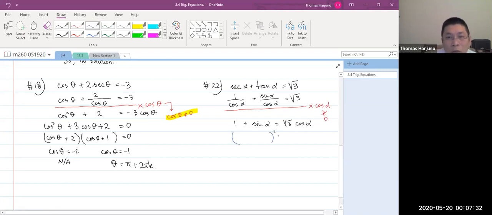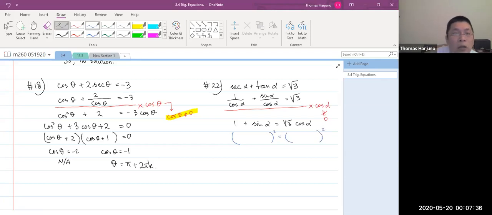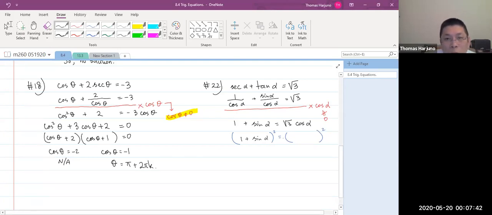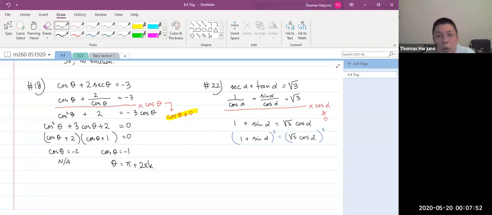So yes, take it to the power of 2. But one warning: because I square both sides of the equation, whatever answer I have later on, I need to check against the original equation, okay?